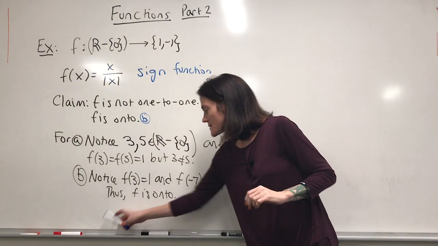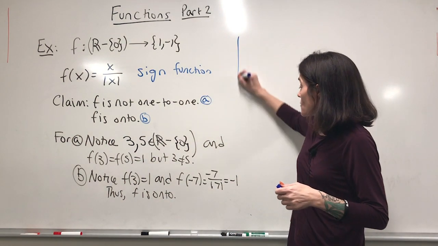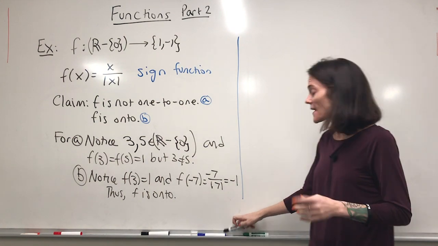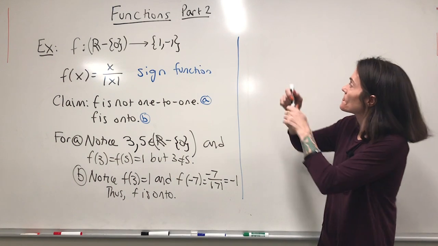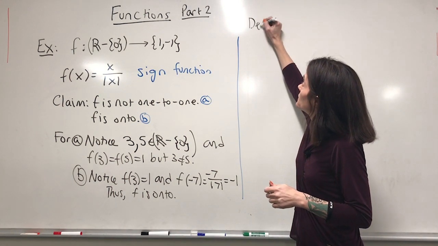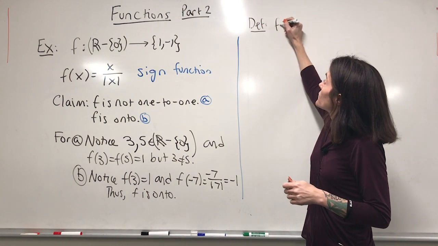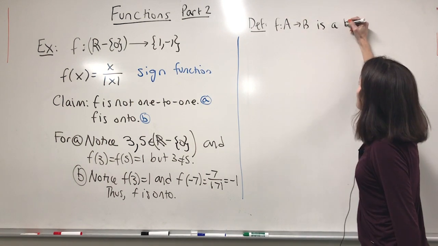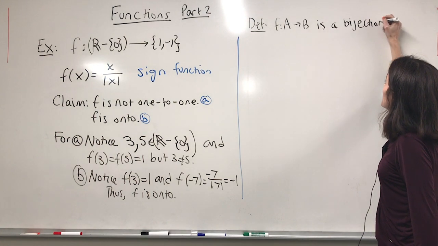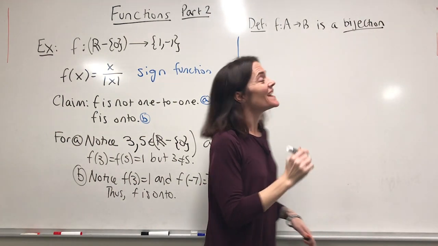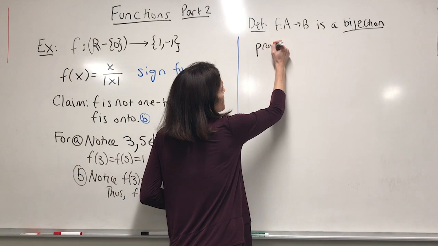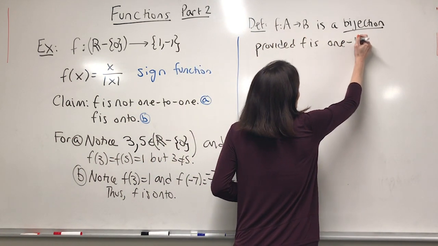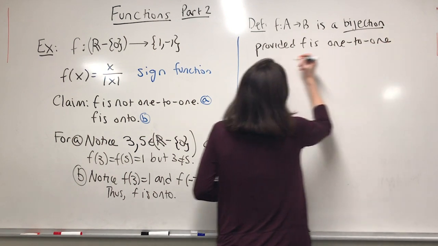Okay, very nice. Now, we have one really important definition, and that is of a bijection. Definition: f from A to B is a bijection provided f is 1-to-1 and onto.